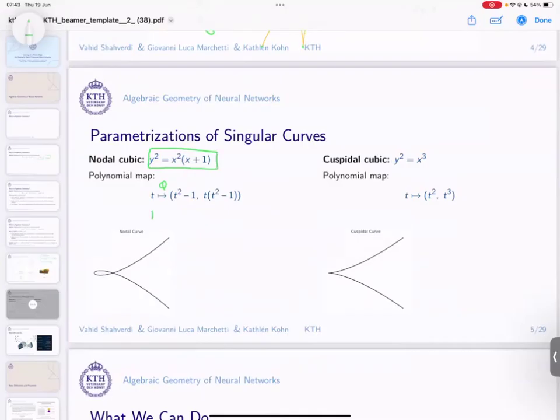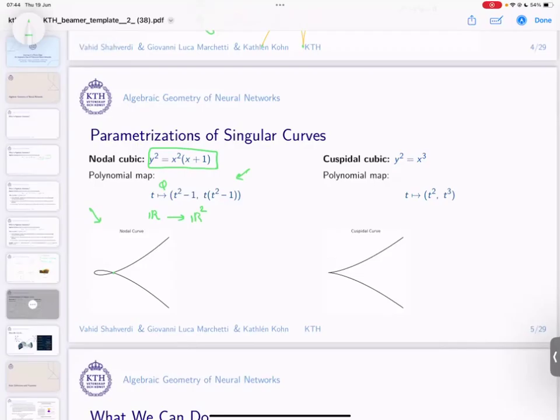I have my parameterization from real numbers to R2. I send every t to the following. And as you can see, the image of this parameterization gives you this curve. And we get this point that is not regular again, right?